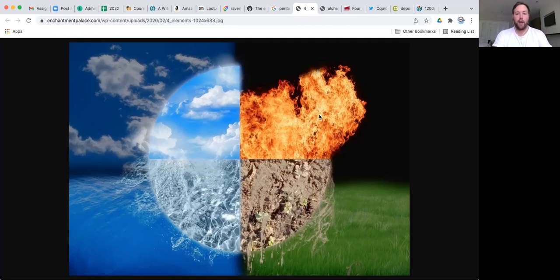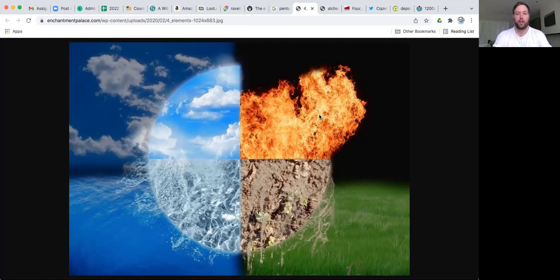All right, and then fire outside of electricity and flame and the raw heat of the sun and the heat of the body is a temperament. It is quick and igniting and combustible and enraging and transformative and heating.